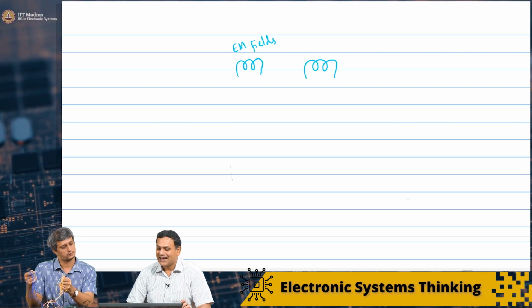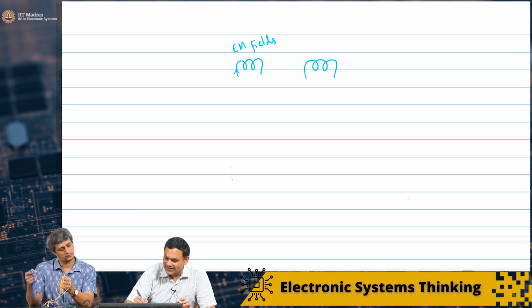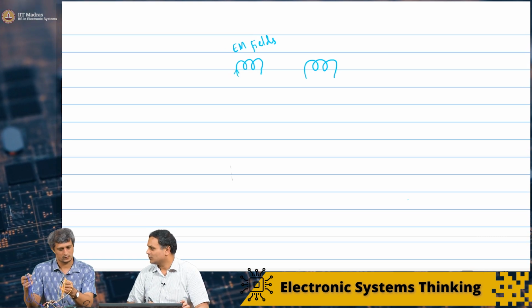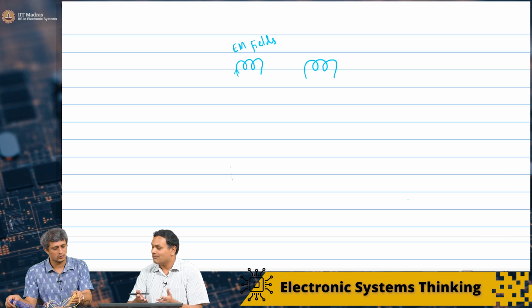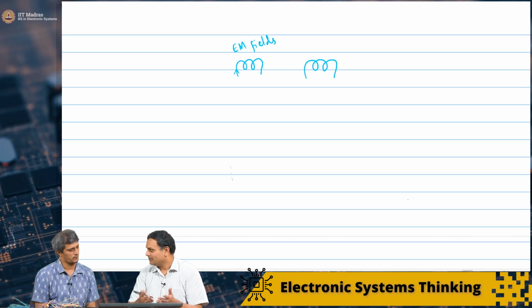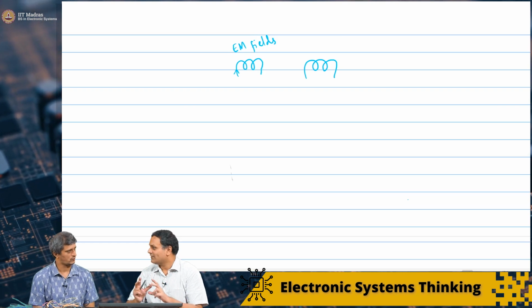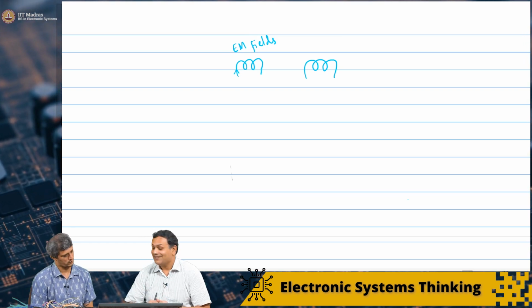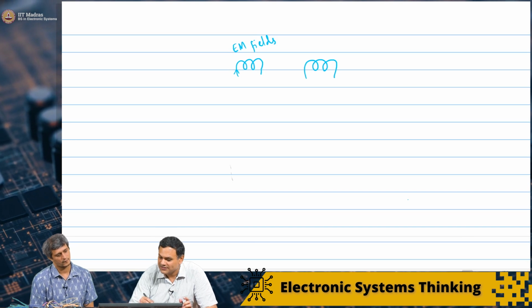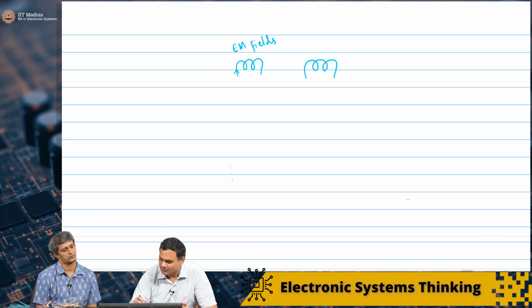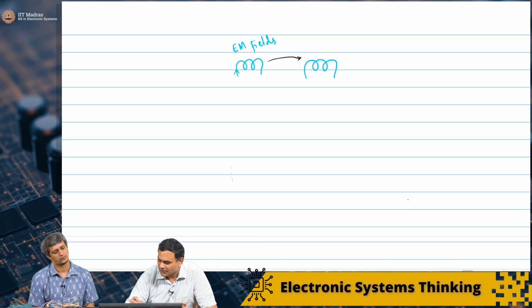If you have a time varying current, an AC current, it will create an AC electromagnetic field. In physics, you have the concept of field lines and flux, and it is possible for you to have linkage between these two.